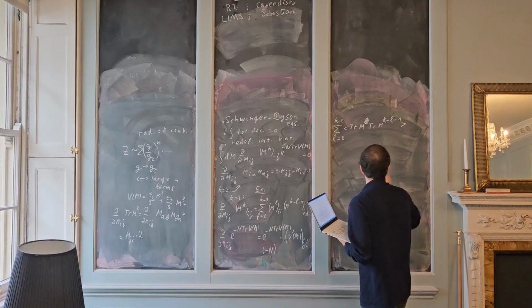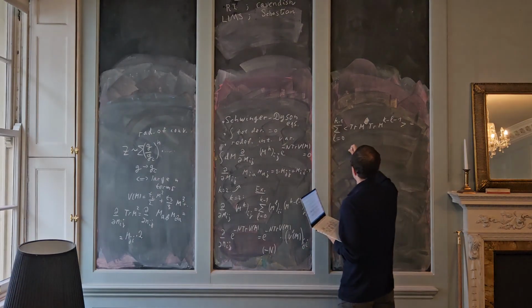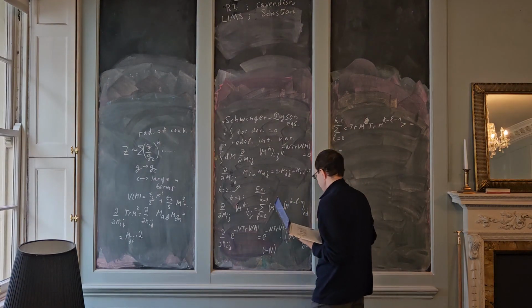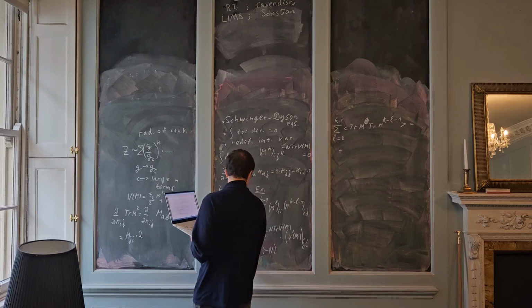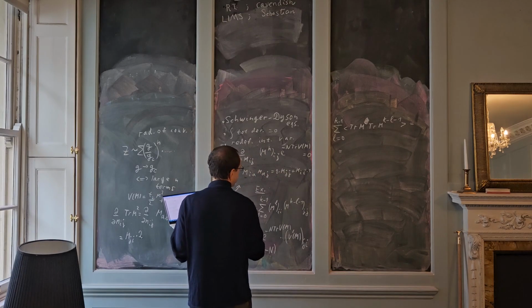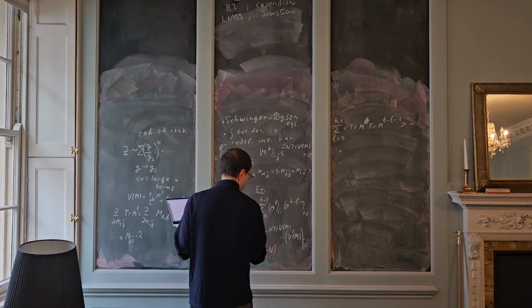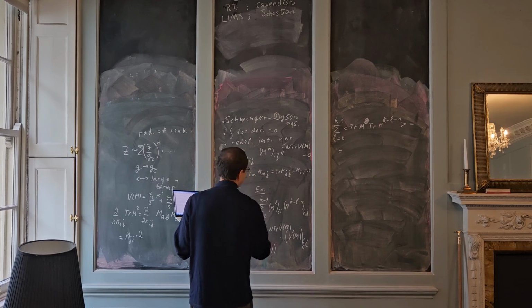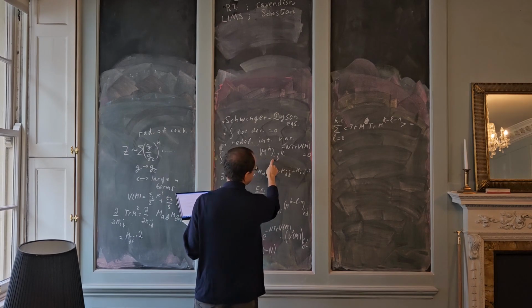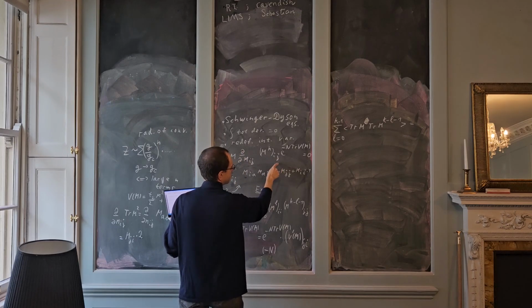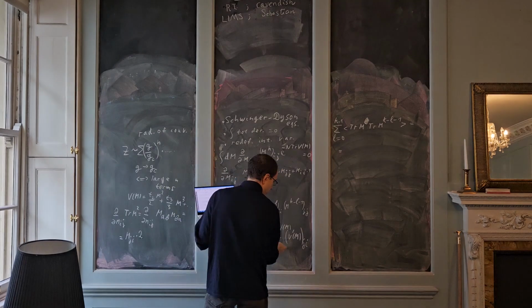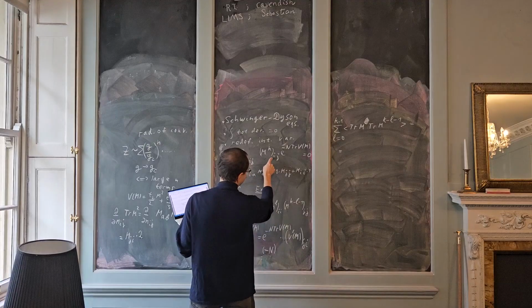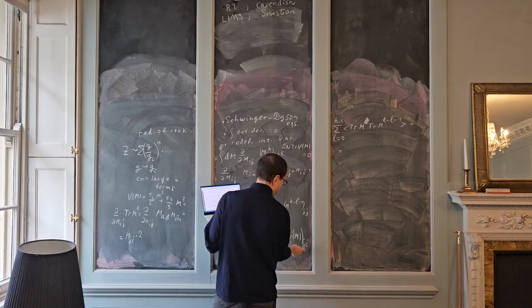So it will have to be contracted with this. We are doing d by dm_ij, and here we had M^k with indices ij. So this matrix will be multiplied by this one. It will be (M^k)_ij times this ji.